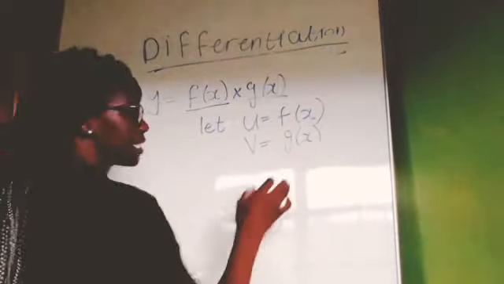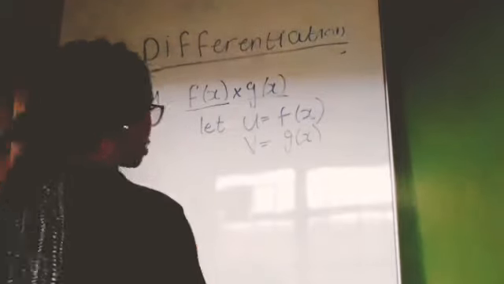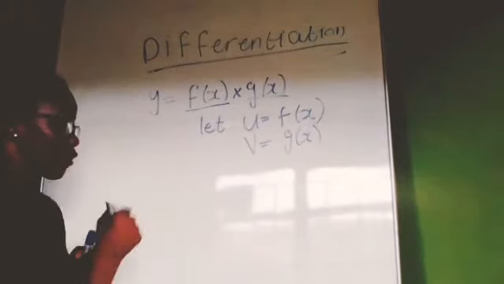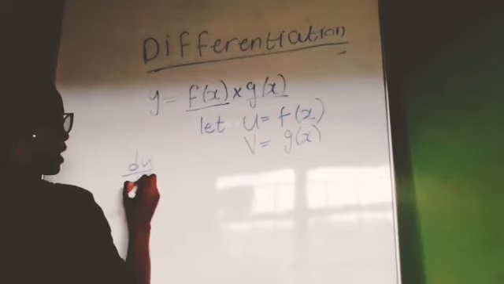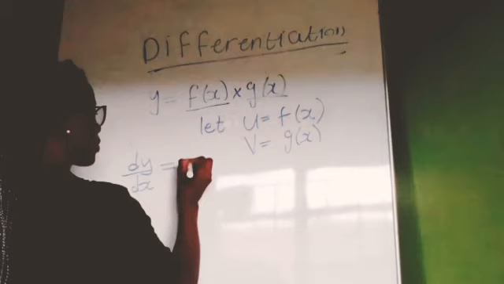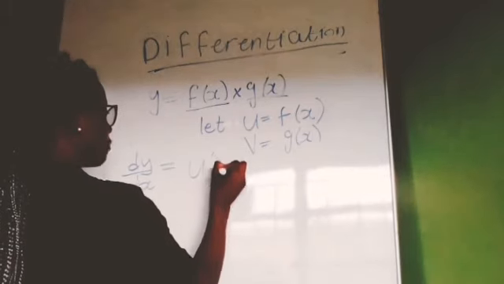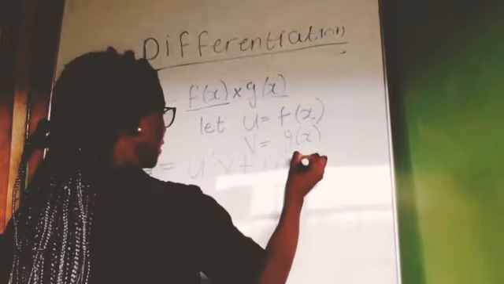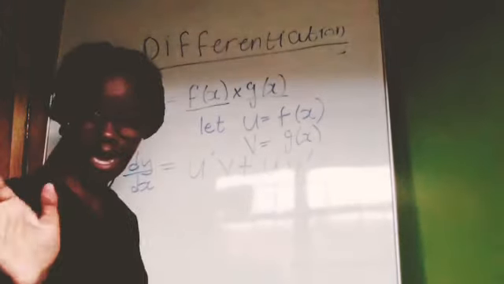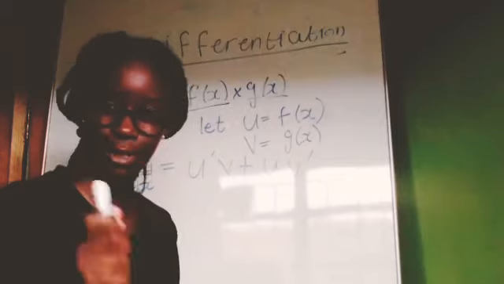So after doing this, now coming to the formula. The formula of the product rule, the differentiation of a product, is dy over dx is equal to u prime v plus u v prime. Please, I did not just speak French. It is still English.